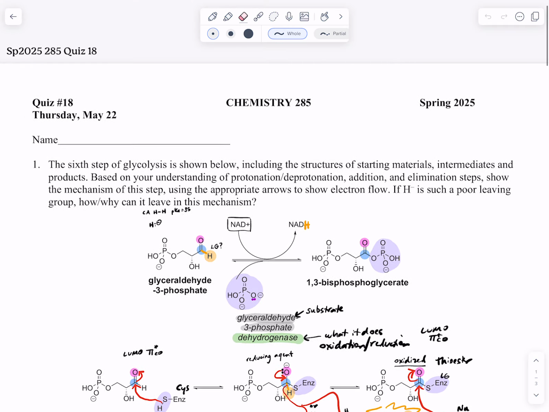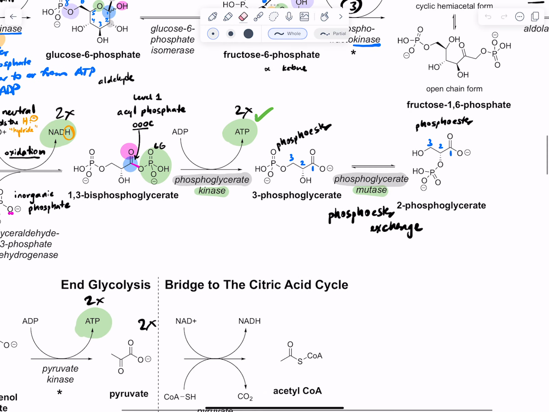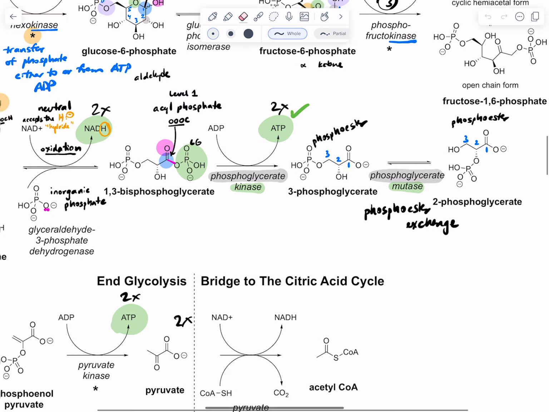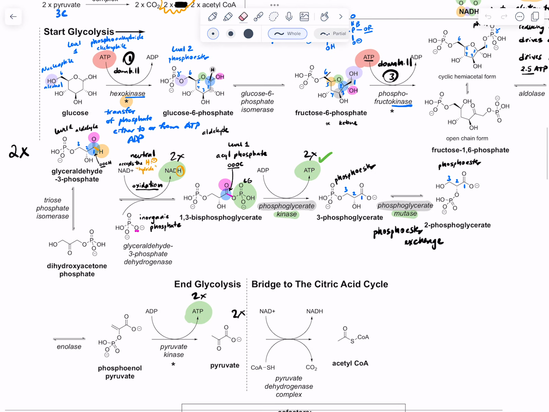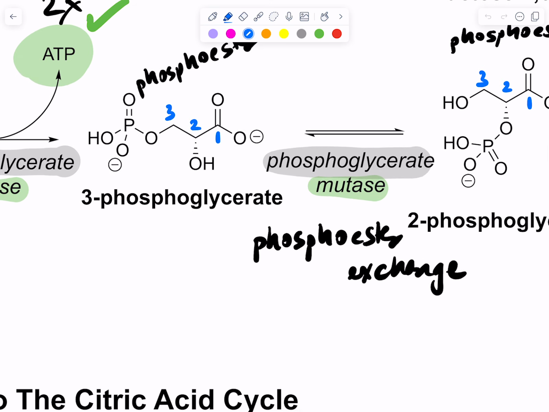All right, so in the last two steps, just so you can see where we're going, now we've moved the phosphoester. We've moved the phosphoester from, and I'm going to highlight the phosphorus and the oxygen.